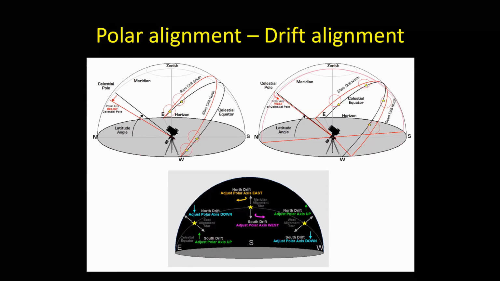When I do my polar alignment with the PoleMaster camera, that brings me down to probably a few arc minutes of error. But when I really want really good, nice guiding, I usually go with the drift alignment. The problem with drift alignment is that it takes quite a bit of time.